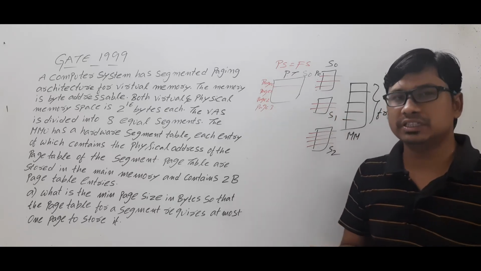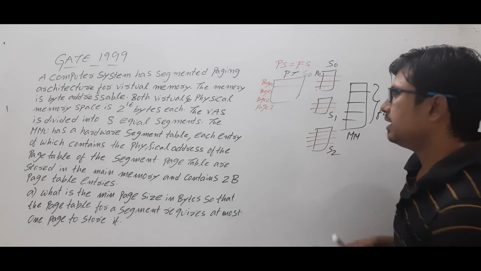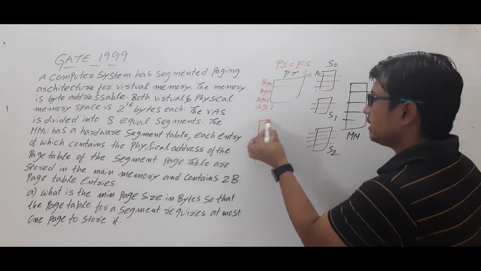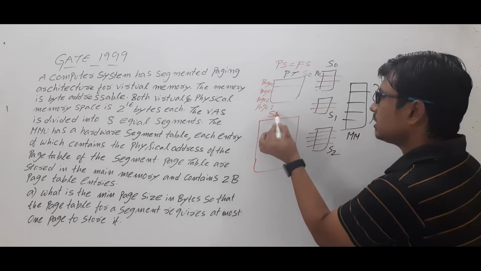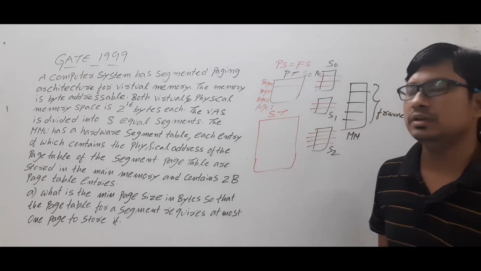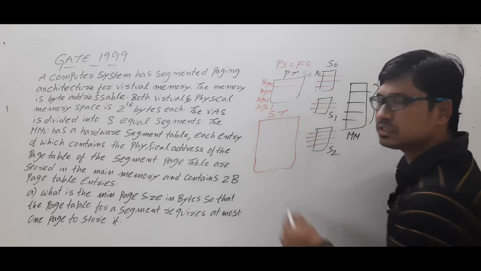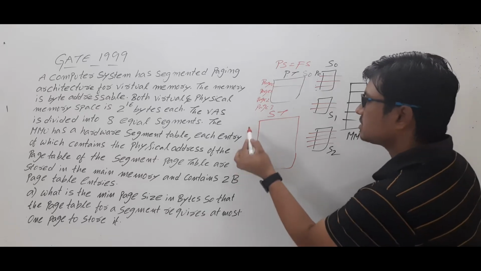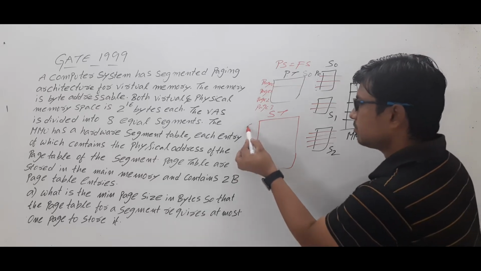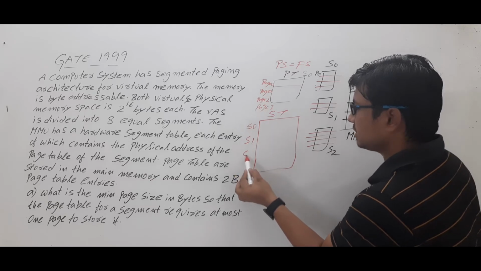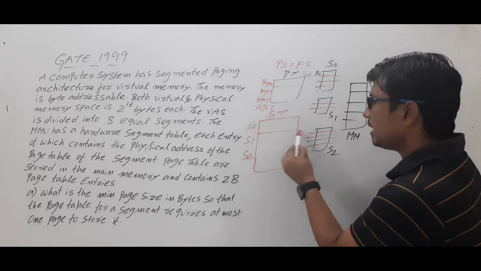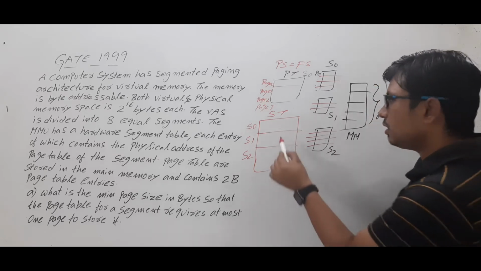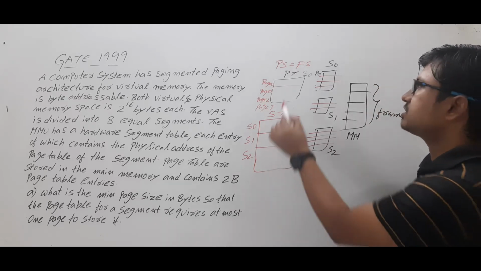We need multiple registers. To overcome that, instead of maintaining multiple registers to store the addresses, we will maintain one table called the segment table. The segment table will consist of indices as segment numbers. Let's take segment S0, segment S1, segment S2. These are the indices of the segment table, and then you will have the base address of the page table.